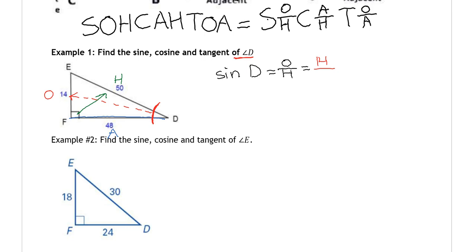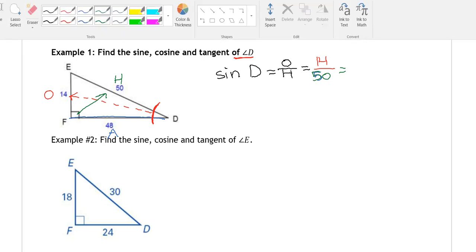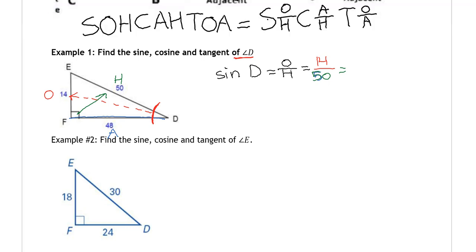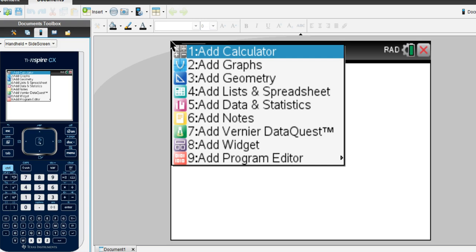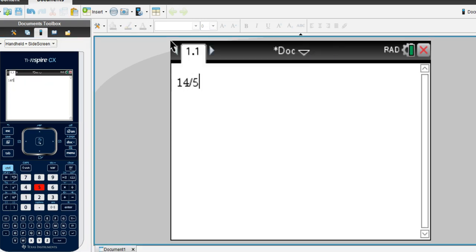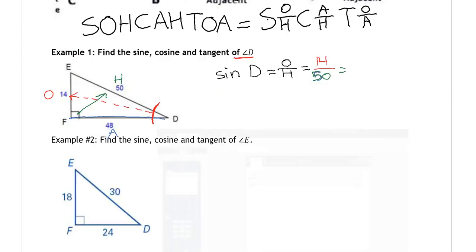My hypotenuse is 50. And then, just like before, we always have to reduce our fractions. 14 out of 50 is 7 out of 25. And that's it.